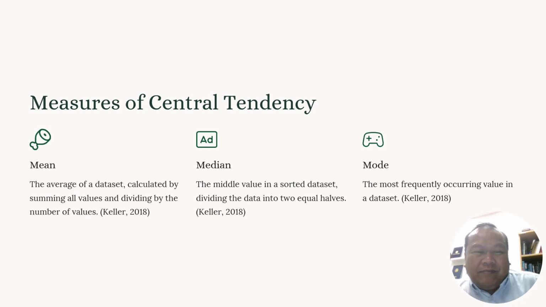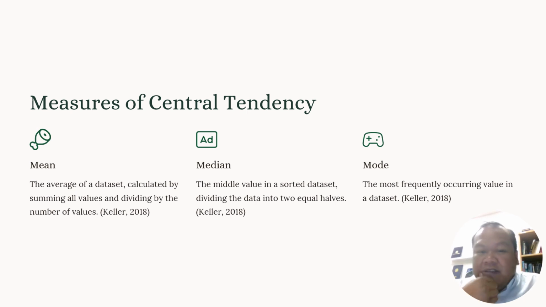So what we computed earlier on the morning sales, which is $800 per day, which is the average sale, that's the mean. And the computed 1,233.33 sales per day in the afternoon is called the mean. That's the average of the data set calculated by summing all values, that means adding all values and dividing them by the number of values. That's what we call the mean.